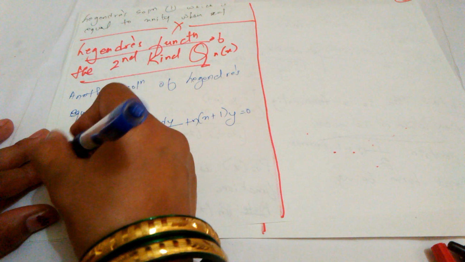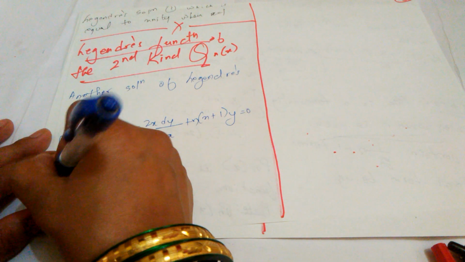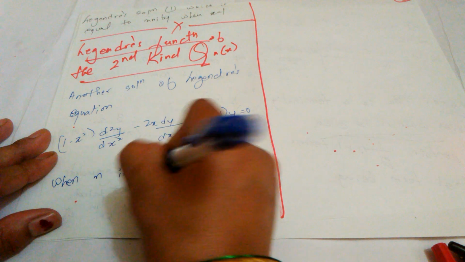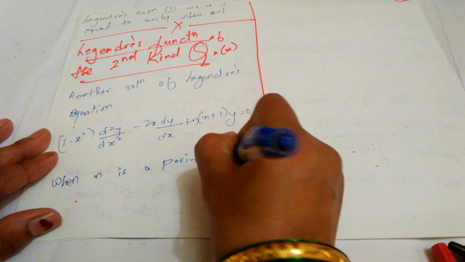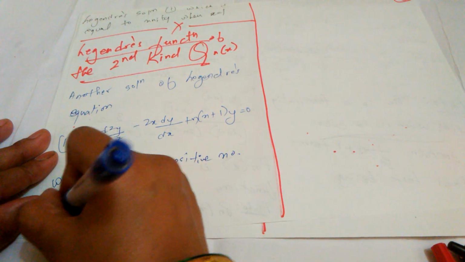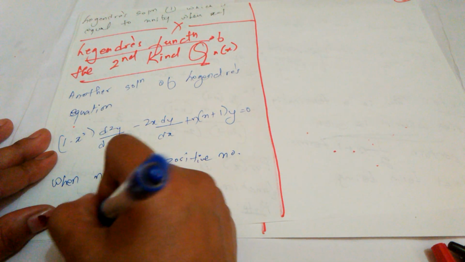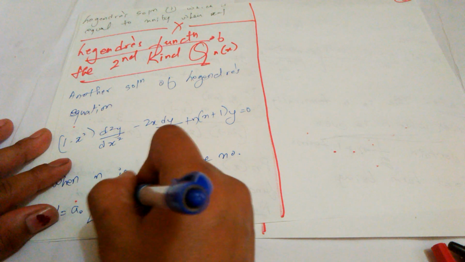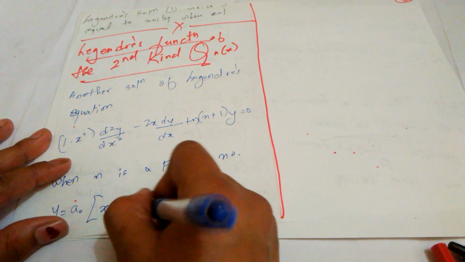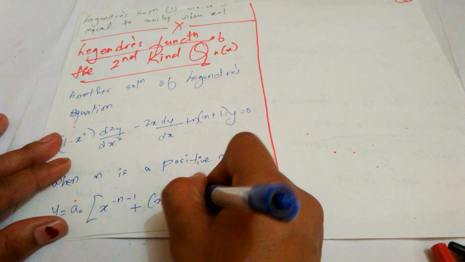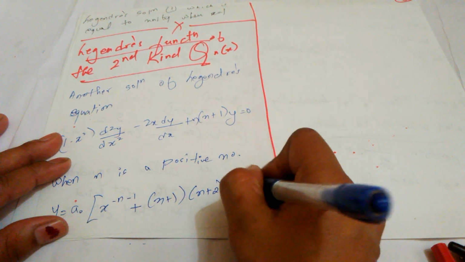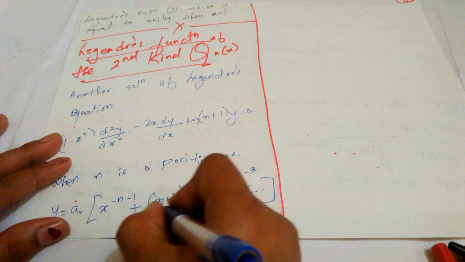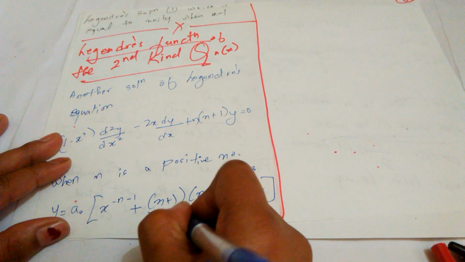N is missing here. So when n is a positive number, what will happen? So my y is equal to a naught of x raised to minus n minus 1 plus n plus 1 into n plus 2 into x raised to minus n minus 3 plus dot dot dot divided by 2 of 2n plus 3.